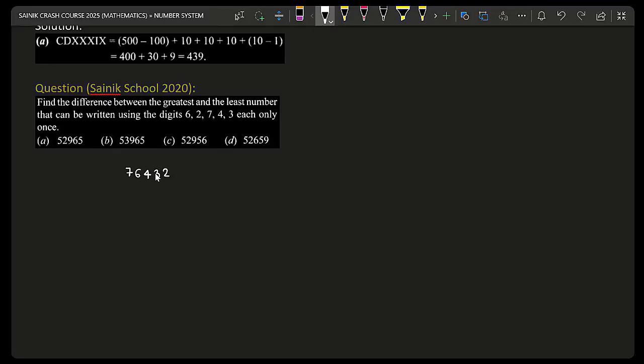Descending order. Okay. What is the smallest number created out of them? 23,467. Yes. Between these two numbers, they're asking which operation? Difference, subtraction. Yes. Now after subtraction, what is the answer you got? Sir, 1 minute.